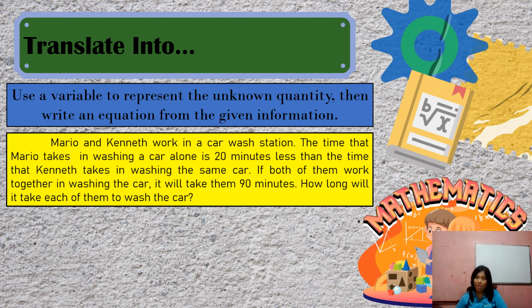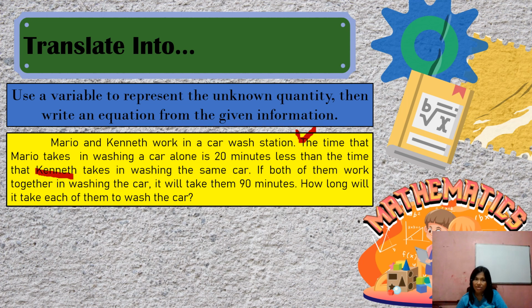So, working backwards ulit tayo. So, meron tayong last being mentioned is, wait lang, dito tayo sa the time that Mario, dito tayo sa statement na to. Kasi yung statement number 1, wala namang given na sinabi. The time that Mario takes in washing a car alone, hanapin natin yung last. So, Mario takes in washing a car alone is 20 minutes less than the time that Kenneth.